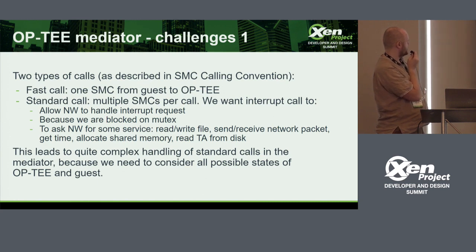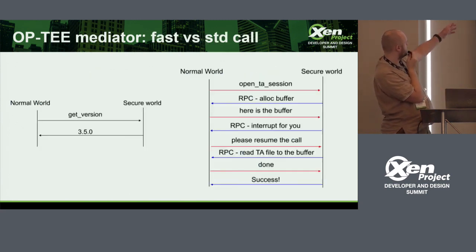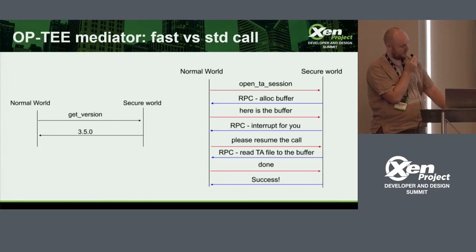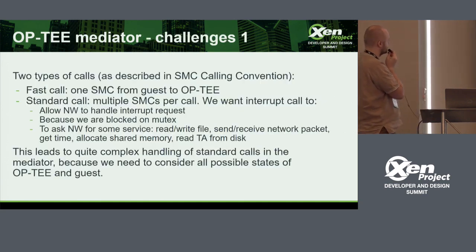It is used for simple things like housekeeping. For example, here is this call on the left. For example, we can get the version, that's all. But there is another type of call to OP-TEE, which is called the standard call.